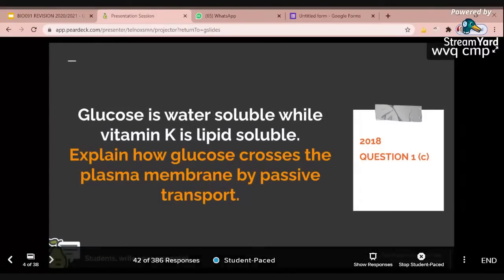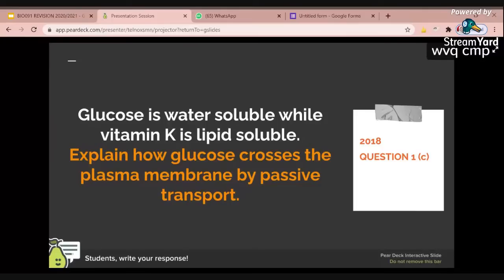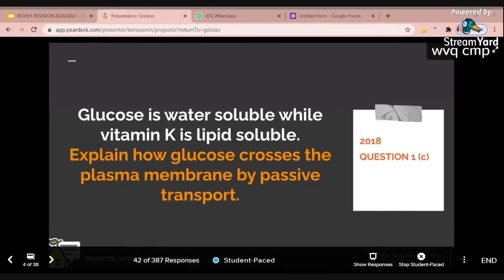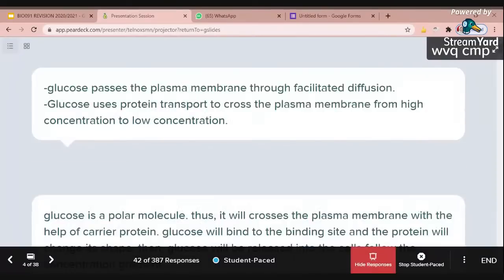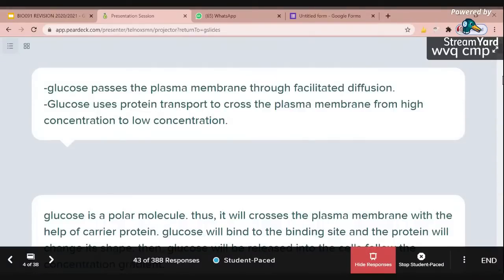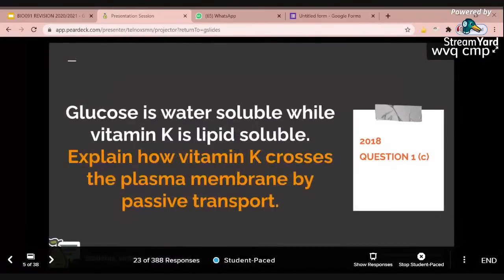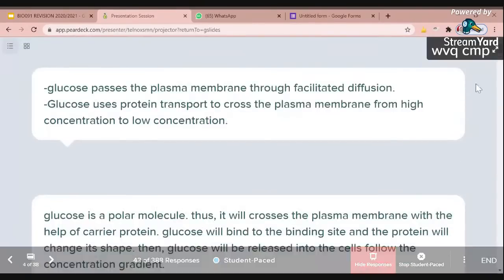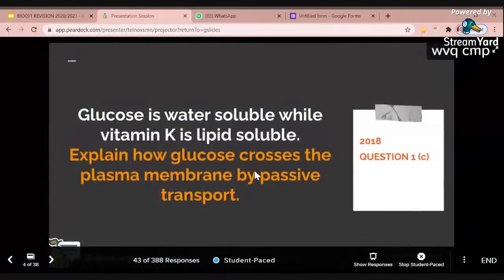This one, how glucose cross plasma membrane by passive transport.